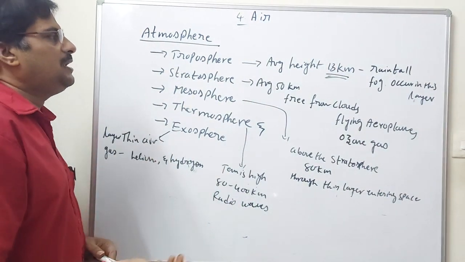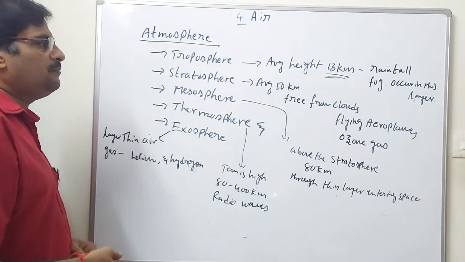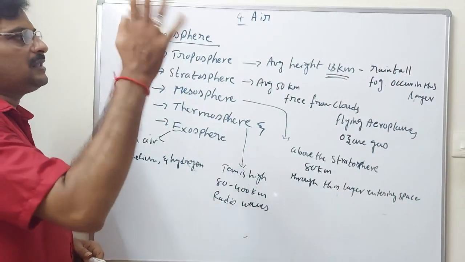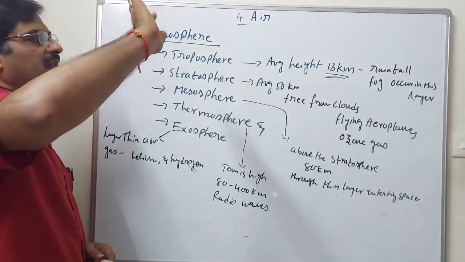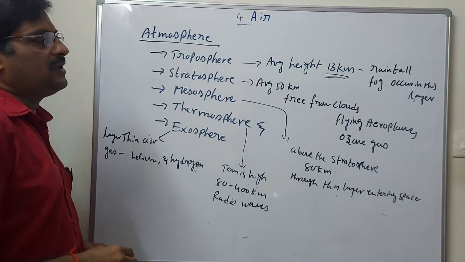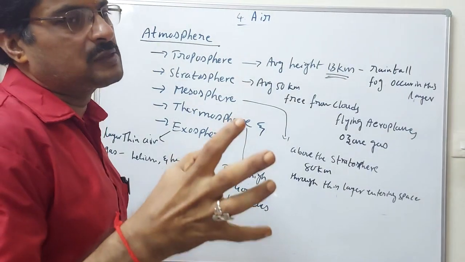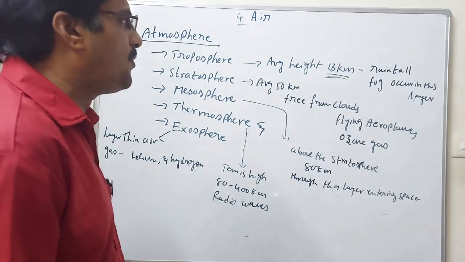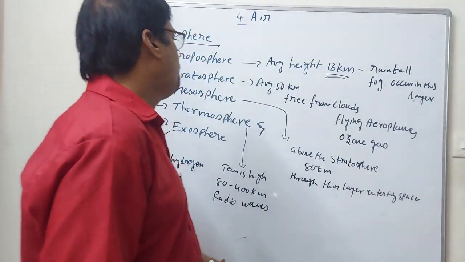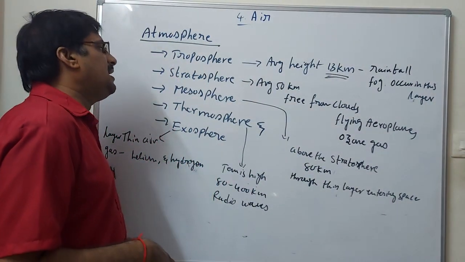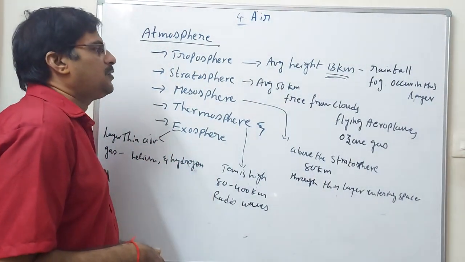When you see mountain areas, the clouds, snow and fog are found in this layer only. The second layer is called the stratosphere.